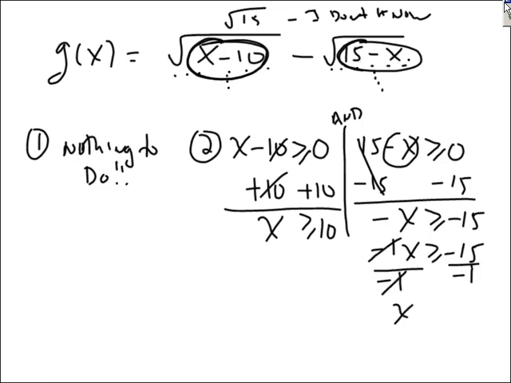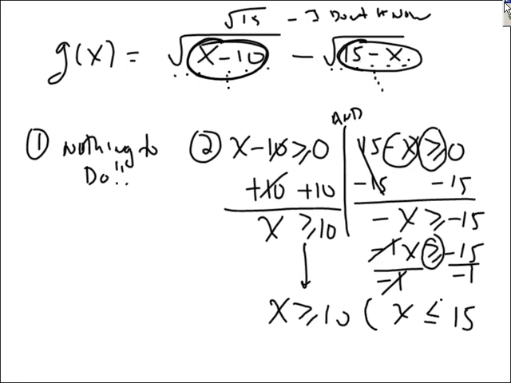The thing is, whenever you multiply or divide an inequality, things that have inequality symbols, not equal signs, by a negative number, you change the direction of the symbol. x must be less than or equal to 15. So we have that x must be greater than or equal to 10, I just copied it down, and x must be less than or equal to 15.